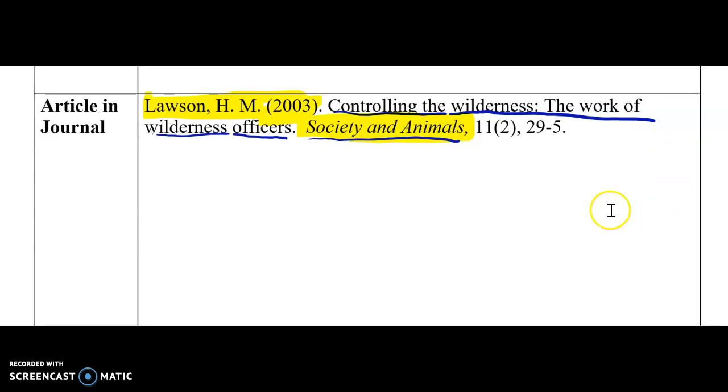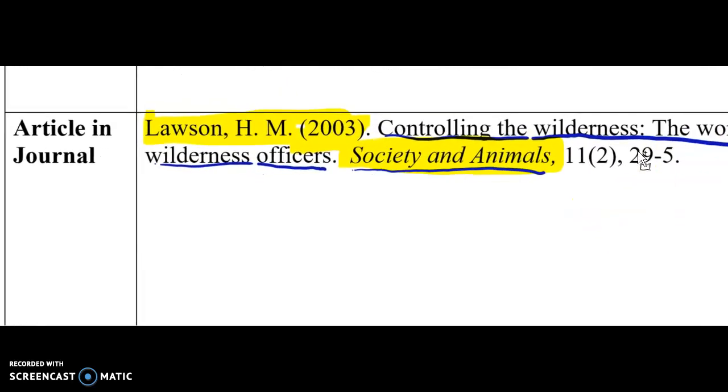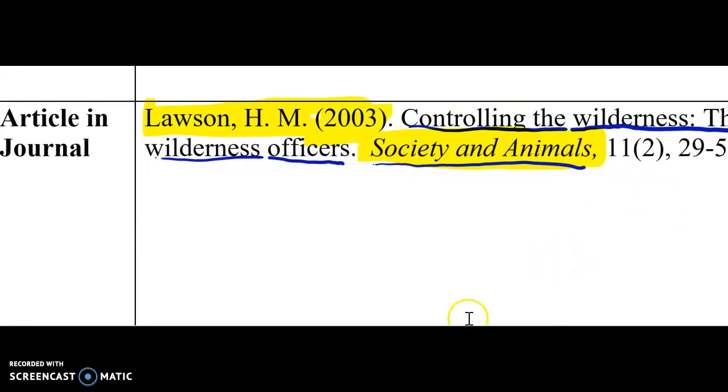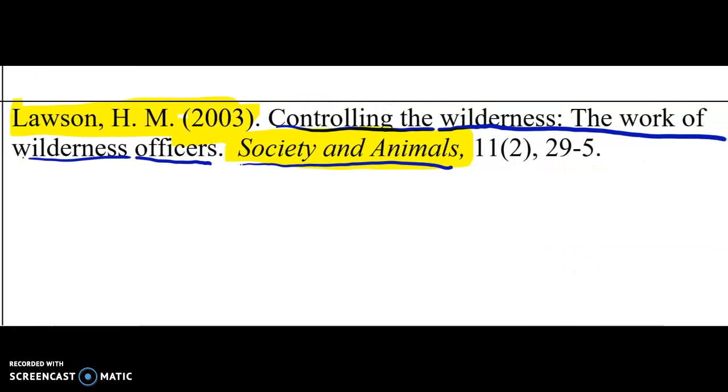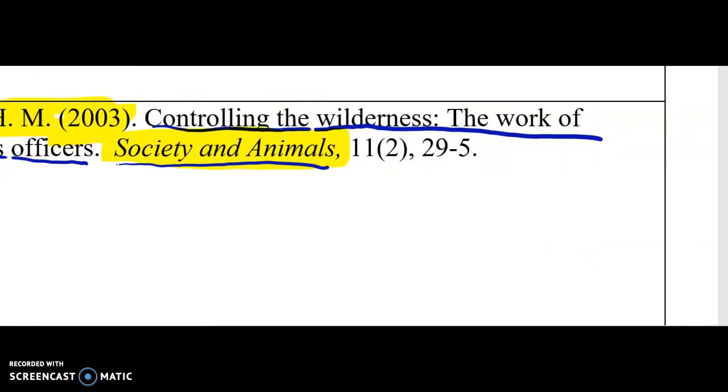There are three important pieces of information here. Let me make them big so you can look at them. 11 is the number of the volume, so 11 is the volume.